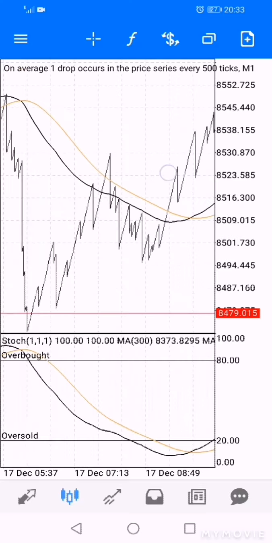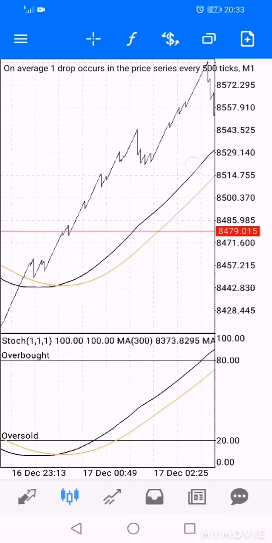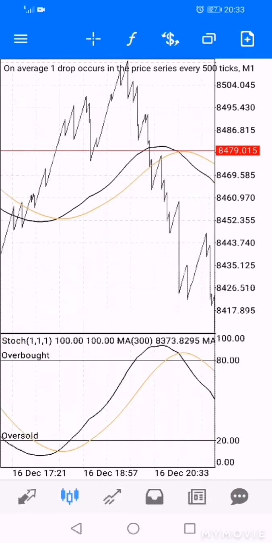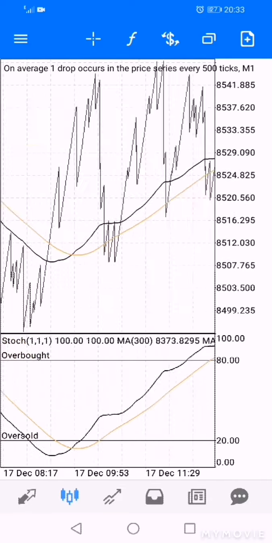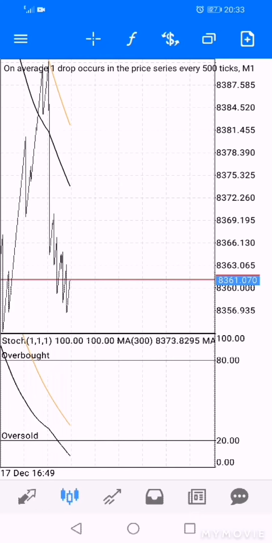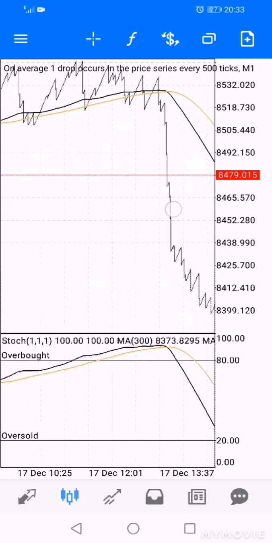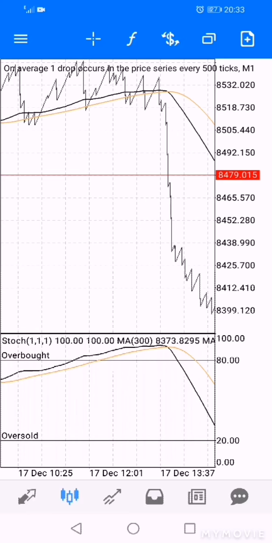I have already told you that I use this to indicate for me whether the trend is an uptrend or a downtrend. But you can also use this strategy to trade, and it's a powerful strategy that many traders are using to trade your Boom 1000, your synthetic indices.